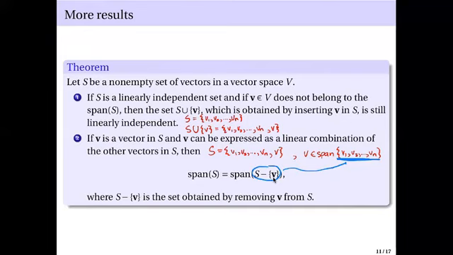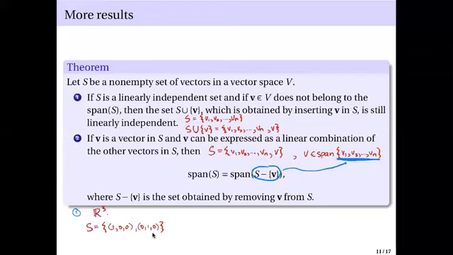For example, let's look at some simple example here. Let's look at R3. We let our S to be the set 1, 0, 0, and then 0, 1, 0. So S, definitely, this is a linearly independent set. Let me write here number 1. So I am referring to the first statement here.